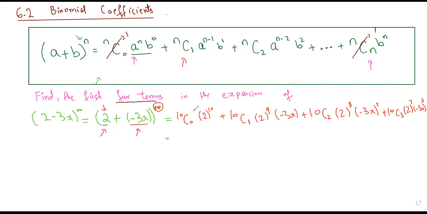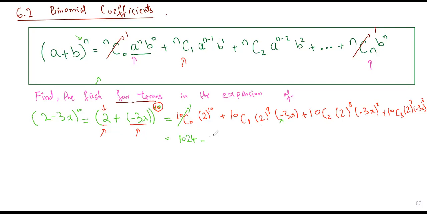So this is going to be 1 times 2 to the power 10, which is 1024. Then I have minus here, so this would be minus 10C1, which is 10, into 2 to the power 9 into minus 3.